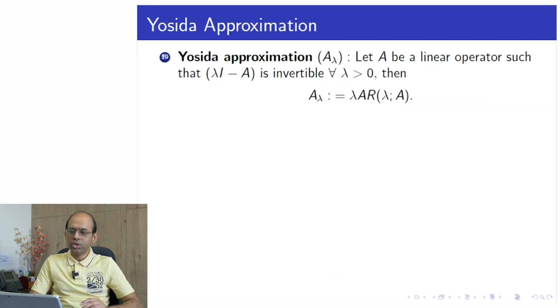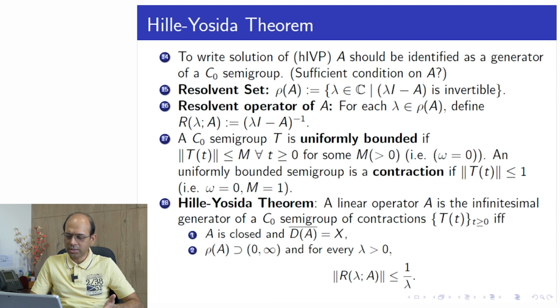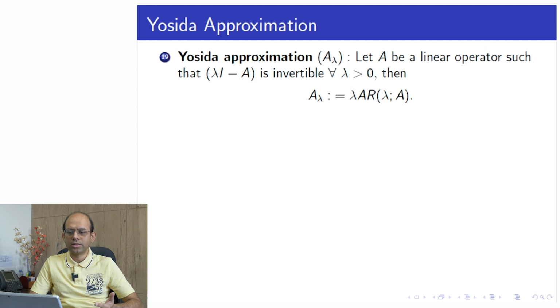So consider A such that it has this property, property 2. So lambda I minus A is invertible for all lambda positive. Then we define A lambda by lambda times A composed with the resolvent operator of A with the same lambda value.